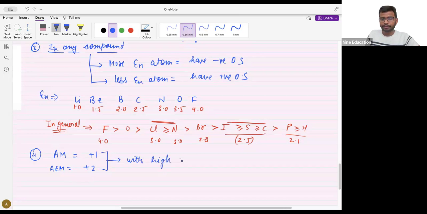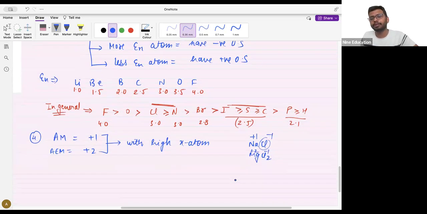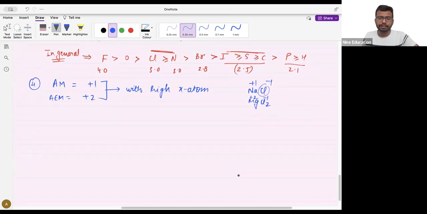Let's say example NaCl, and you have MgCl2. Sodium will always show +1 because it is with a highly electronegative atom. Chlorine is always -1. Magnesium +2, chlorine always -1. Understanding or not?